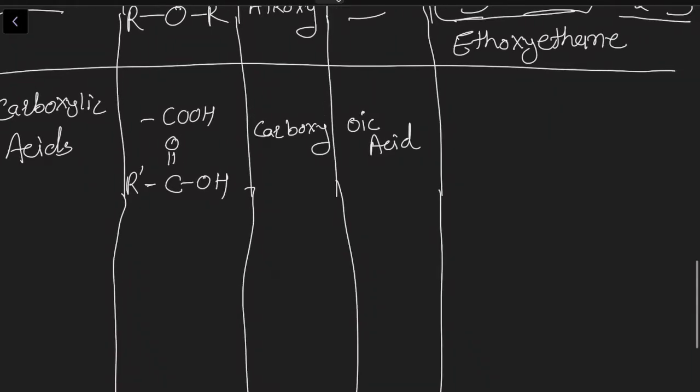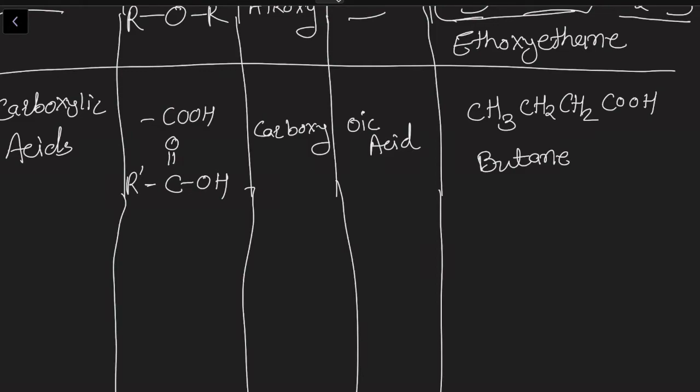And if we want to look into an example, CH3, CH2, CH2, C double bond O, which is 4 carbons, so it's called but. And it is a simple chain, so ane, but we have to put oic acid, so we're going to remove this e and replace it with oic acid, so it's called butanoic acid.